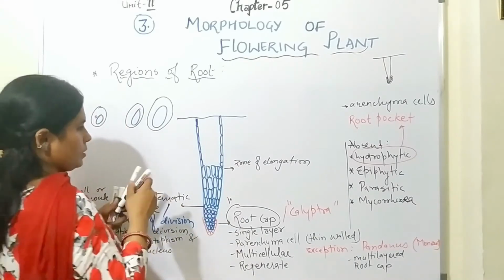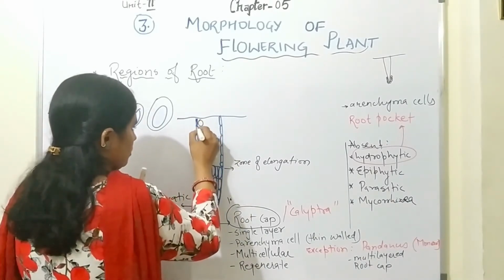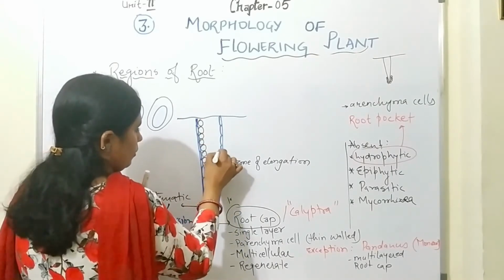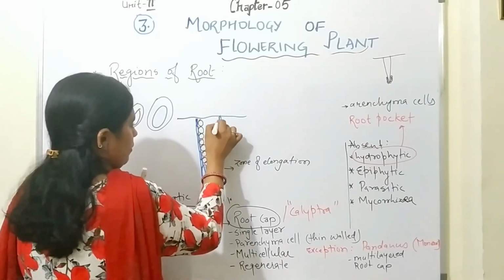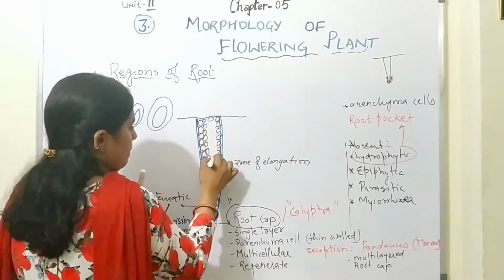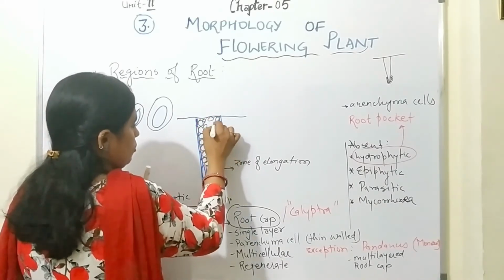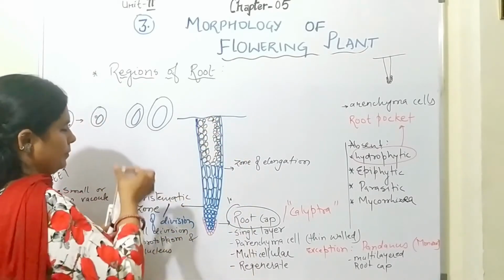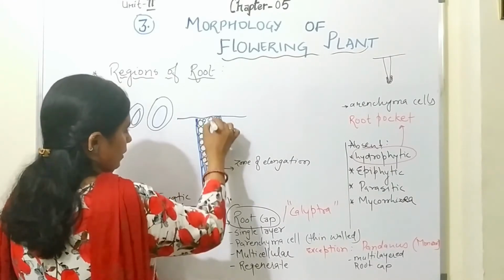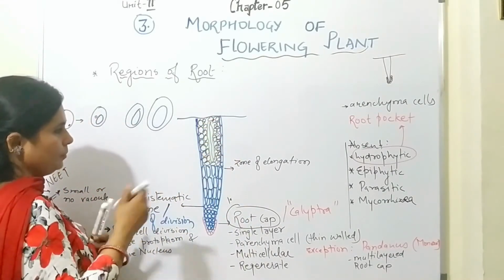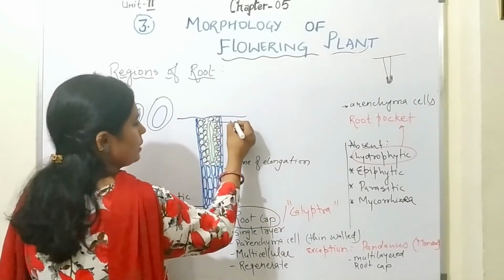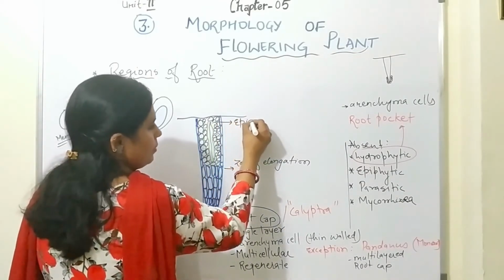So this is called the cortex. Fine. Now see here, the outermost layer is called the epidermis.